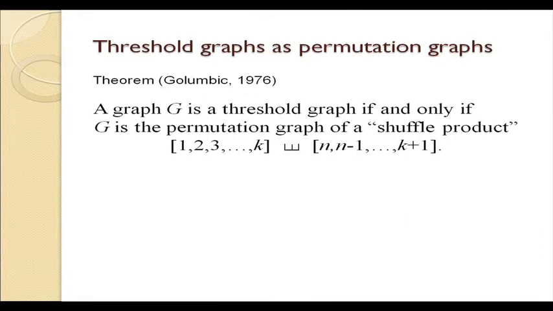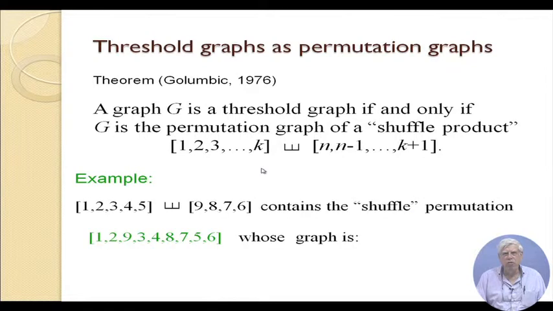So a threshold graph, in my characterization, is a permutation graph. And what kind of permutation graph? A permutation graph of permutations that can be formed of this form, a shuffle, what we call shuffle product. The shuffle product means simply take the numbers up to k, take the other numbers from k plus 1 to n in reverse order, and then shuffle them in any way.